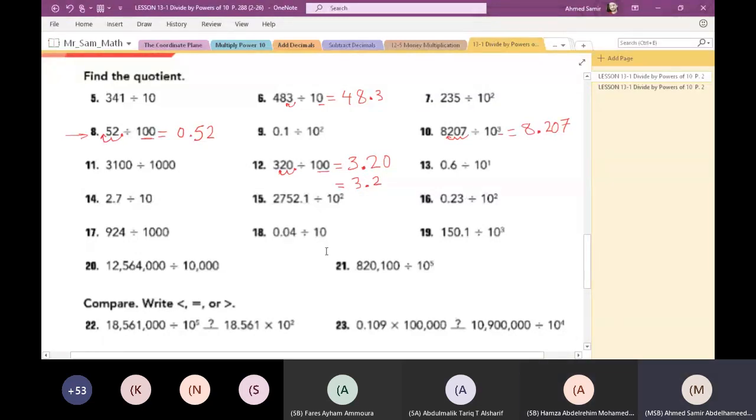Okay, next one coming from 5B, and I'm choosing actually from 5B. I'm choosing Bilal. Did you fix your microphone? Bilal Ramzi. Mister, can I answer? Yes. Okay, Bilal. Can you help me with number 14, please? We have 2.7 divided by 10. So are we moving the decimal point to the left or the right?